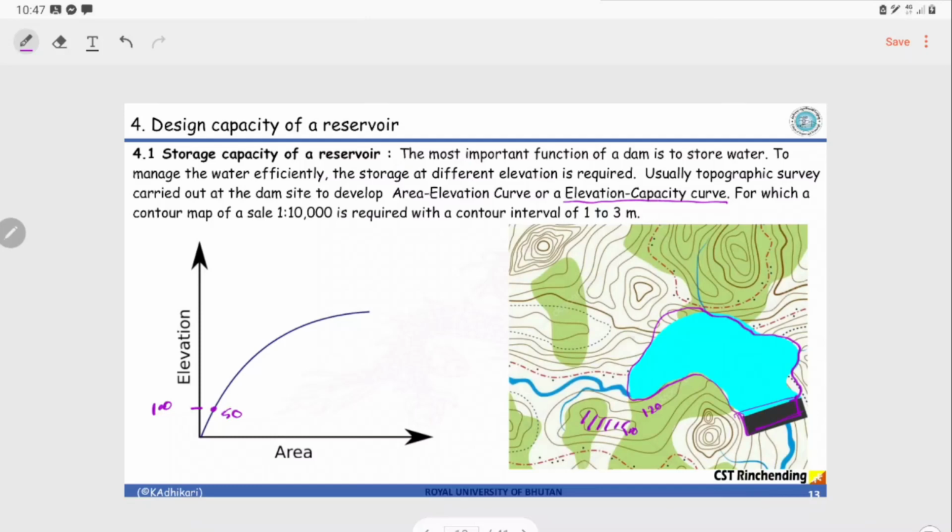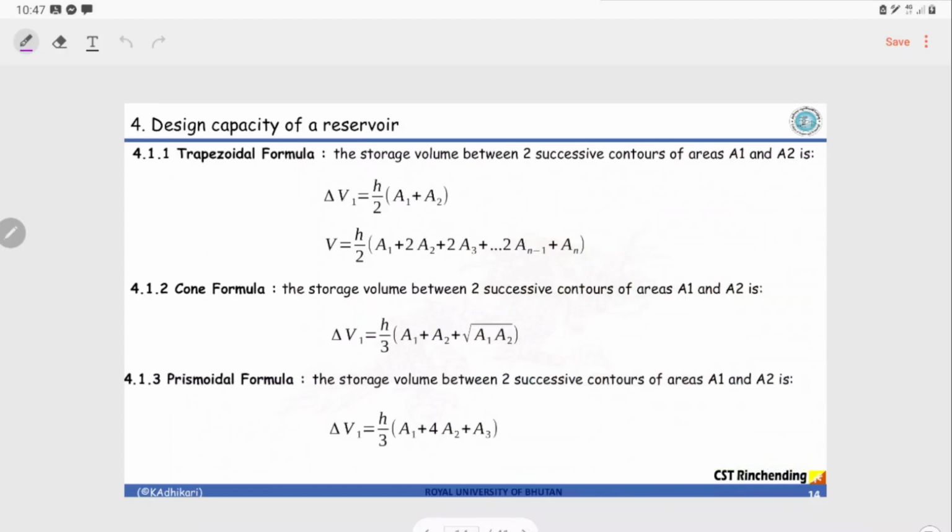Next is 120, and here the area is, let's say, 70. Likewise, you plot a graph. Once you plot a graph, you get the area elevation curve. Next, we use some formula to calculate the area or the volume.